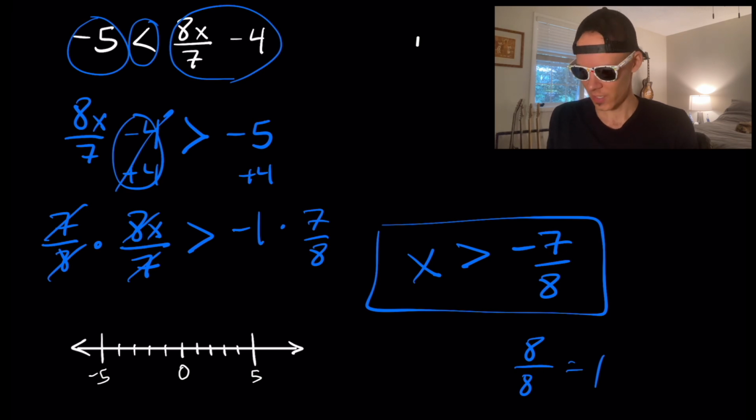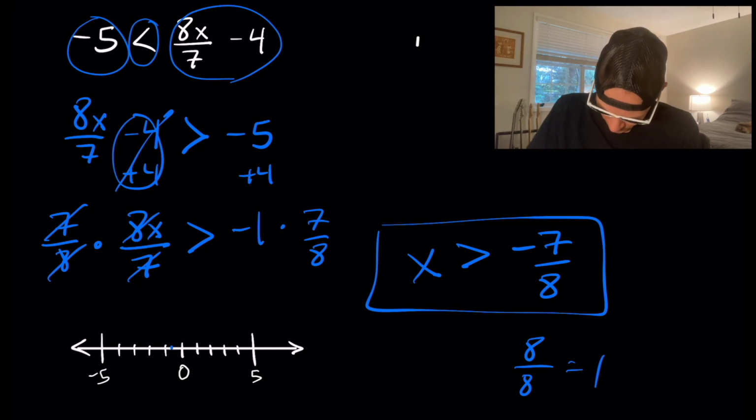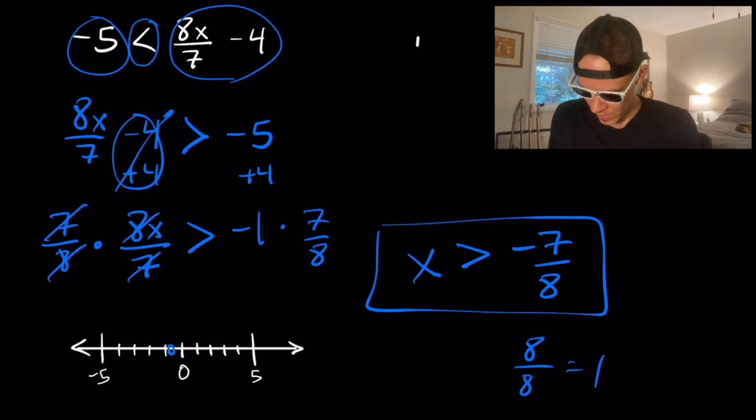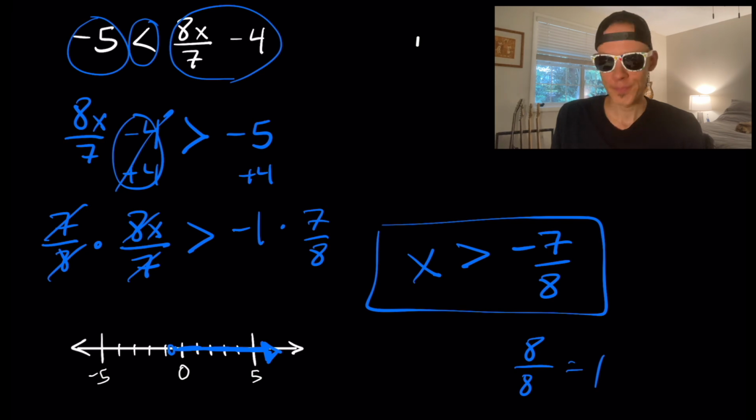So 7/8 is going to be just a little less than 1, but we have negative 7/8. So this is going to be probably somewhere like right there, just before negative 1. So I'll do my best to do an open circle there. And then it's greater than, so we're going to be going to the right, like that.